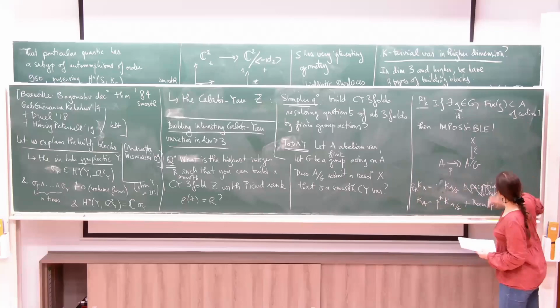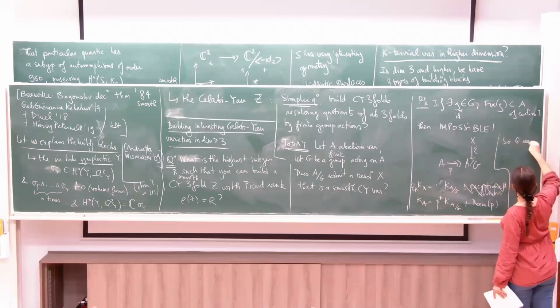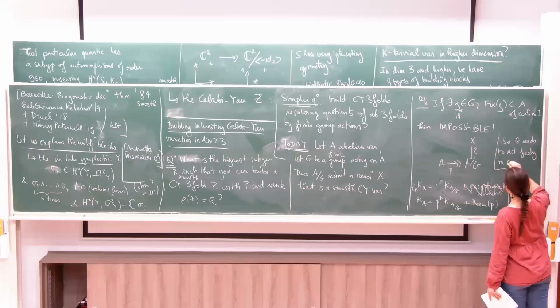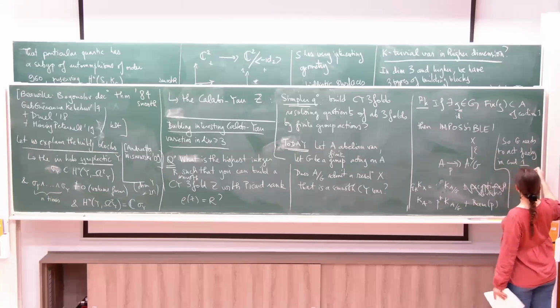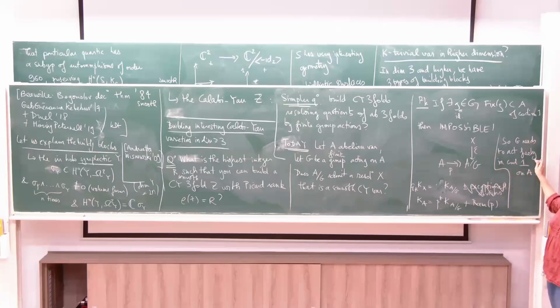So G needs to act what we'll call freely in codimension 1. Maybe G does not act freely, but in codimension 1 it's as if it did, because for divisors, everything is free. There's no fixed divisor.